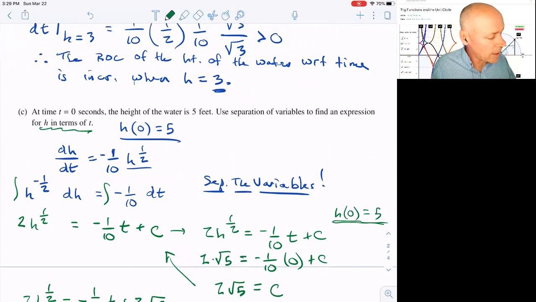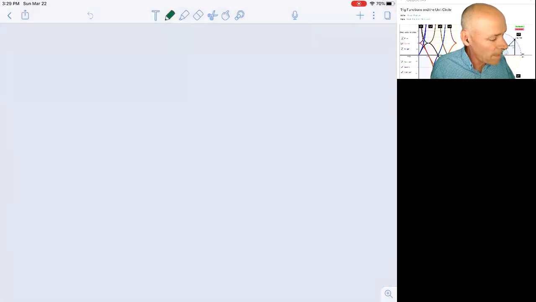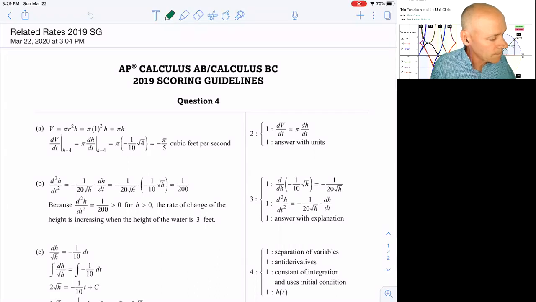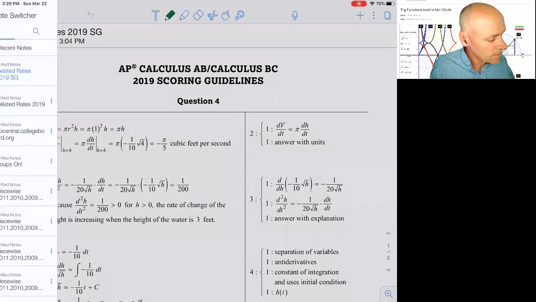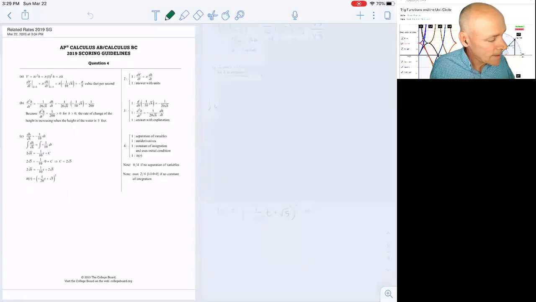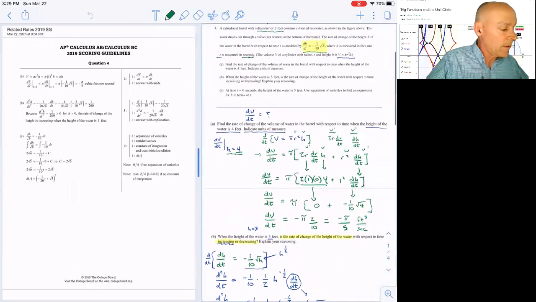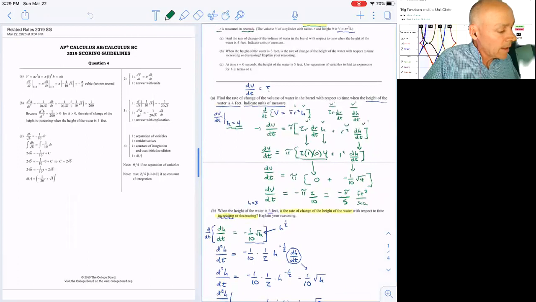All right, let's go ahead and take a quick look at the scoring guidelines for this, and see how we did. So for part A, we got negative pi over 5 cubic feet per second, and this was worth 2 points.